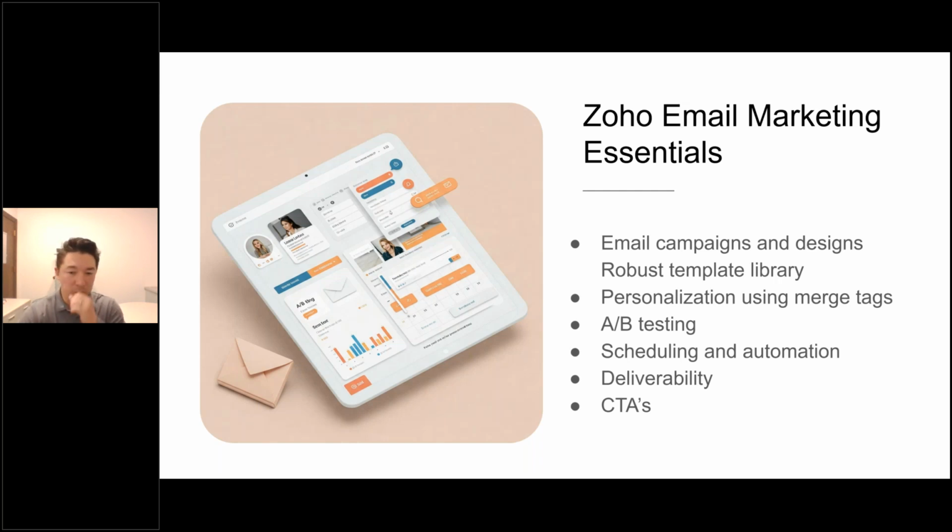And then making sure your emails reach the inbox by following best practices for sender reputation, list hygiene, email authentication. If you guys have worked with us, authenticating your domain, making sure your DKIM, your SPF, and DMARC records are all up to date.